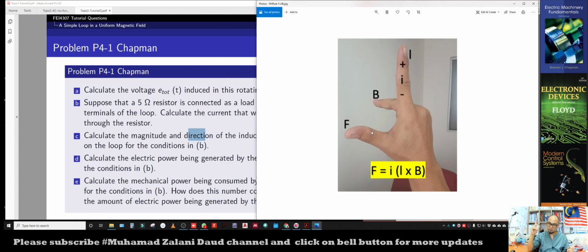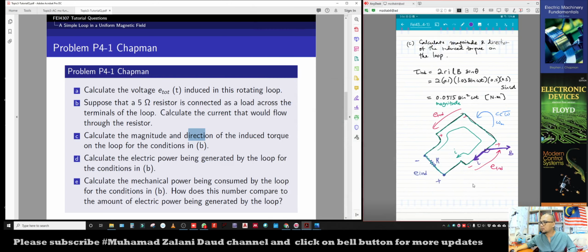Middle finger is B. So middle finger is B, supposed to be like this. That means if you apply this right hand rule, I cross B, we know that I is that direction, B is that direction.